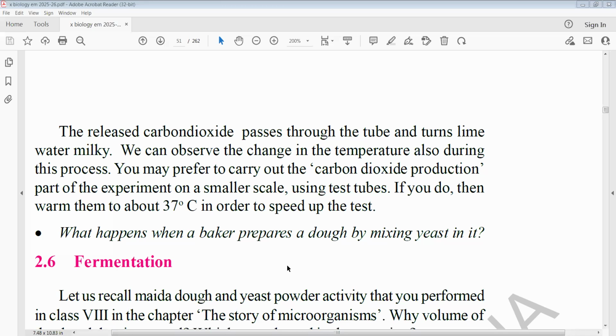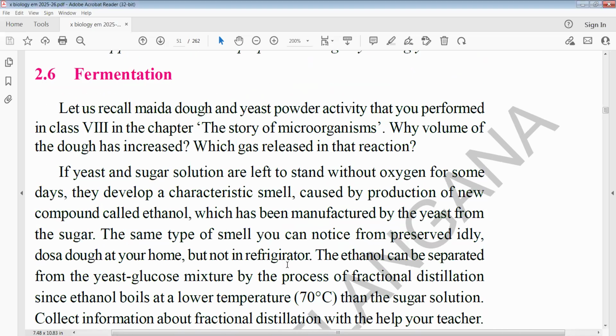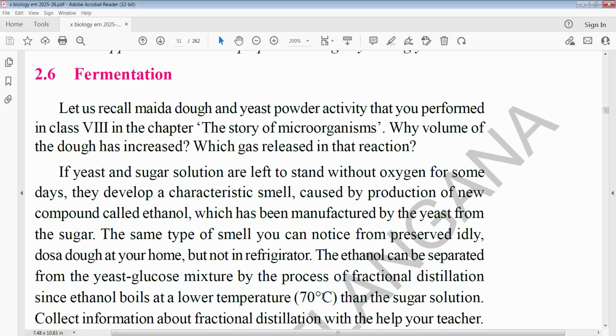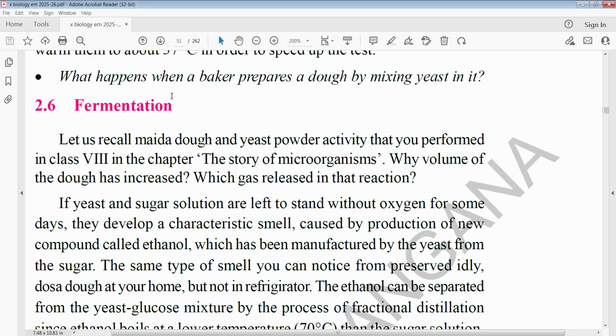I said fermentation. So once again listen, the fermentation definition: the process of conversion of glucose into ethyl alcohol by the yeast is called fermentation.